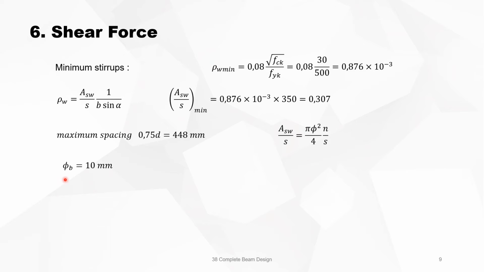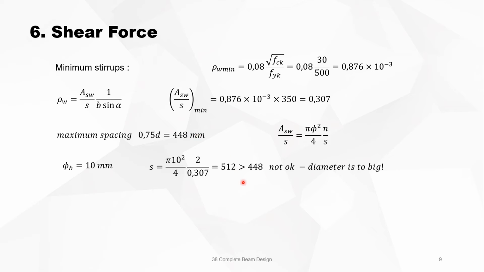Remember, in the beginning we started with a stirrup diameter of 10 millimeters. We calculate now with 10 millimeters the spacing between the stirrups using this formula, and we see that the distance is 512 millimeters, which is more than the 448, which is the maximum.